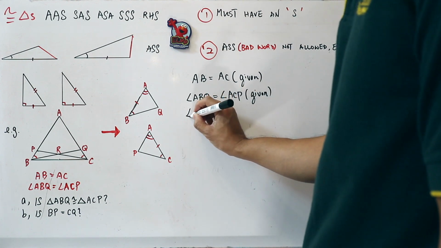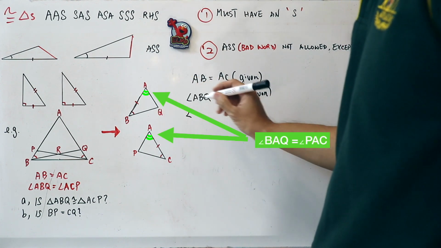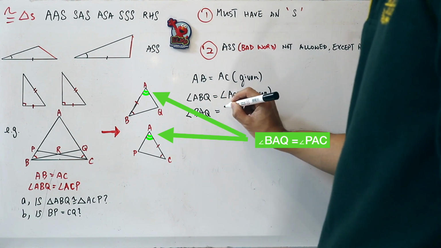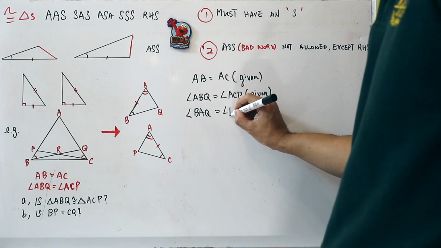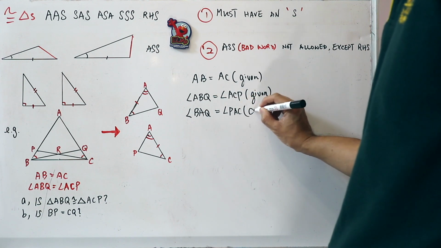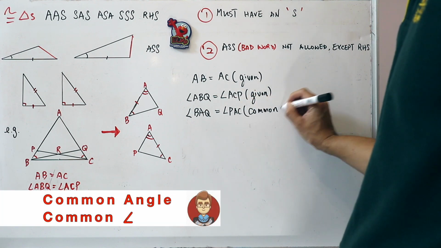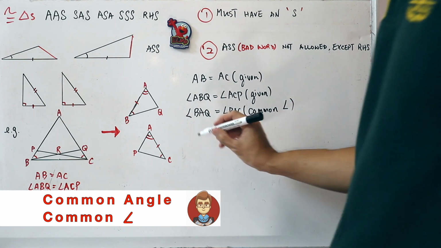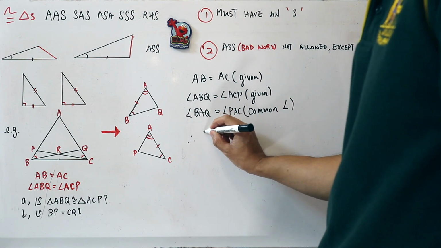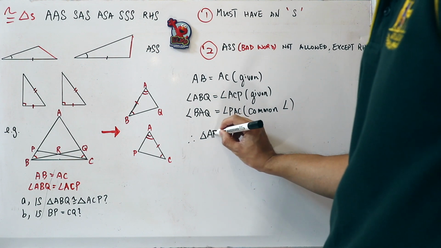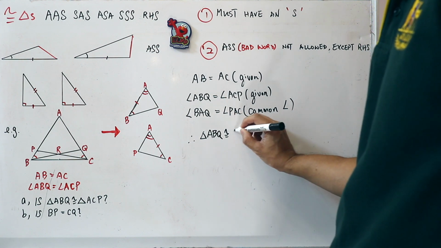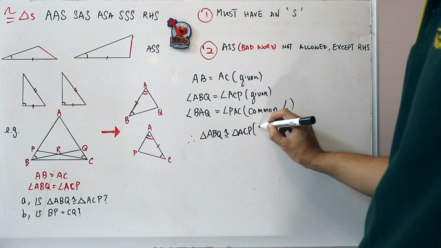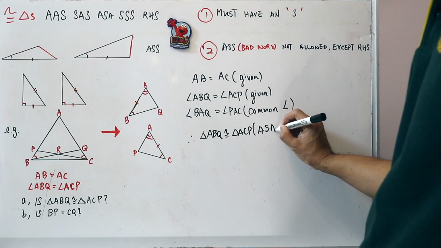We also know that this angle is equal to this angle, so angle BAQ is equal to angle PAC. The reason is they are a common angle. So now we can draw a conclusion that triangle ABQ and triangle ACP are congruent, and the reason is ASA.